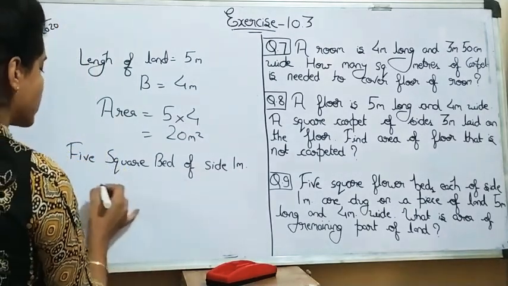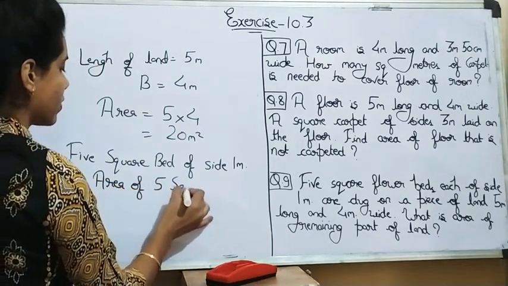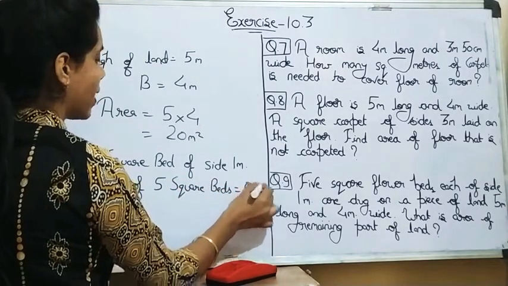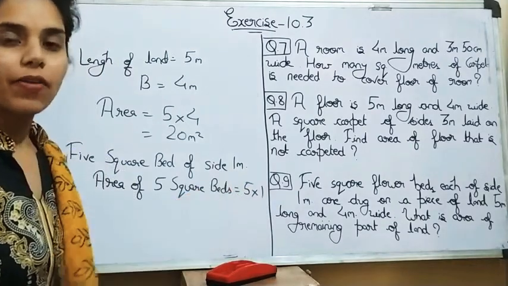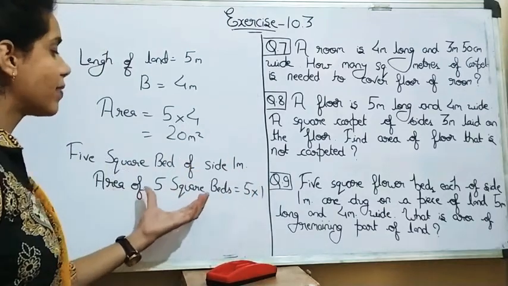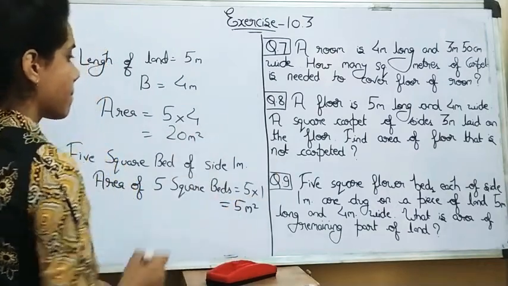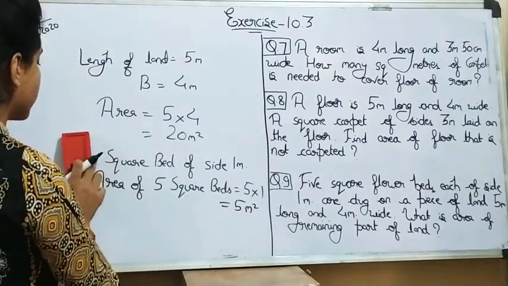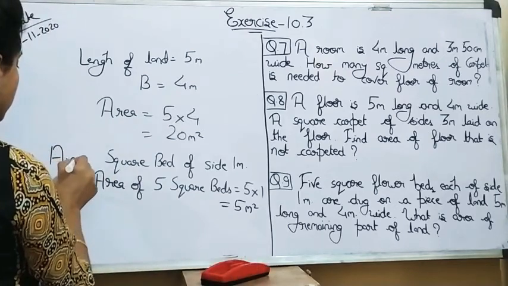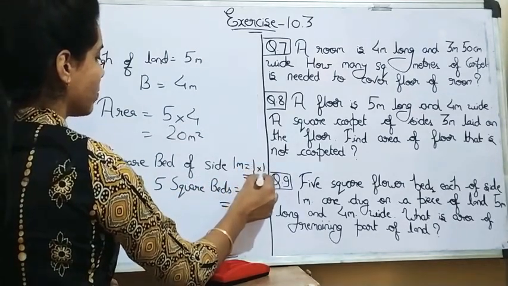Area of a square bed of side 1 meter equals 1 multiplied by 1, so 1 meter square.